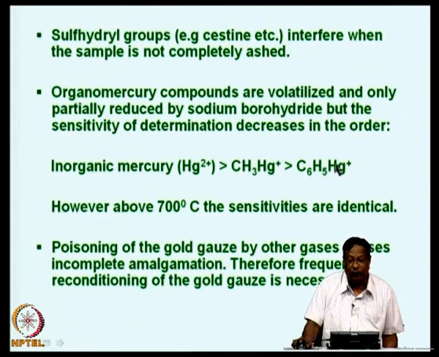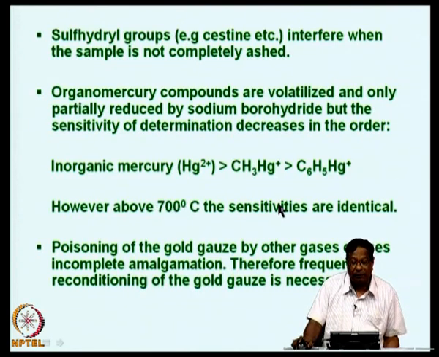That means it gives you a signal which is much less than inorganic mercury of the same concentration. However, above 700 degree centigrade, the sensitivities are identical, because around 700 degree centigrade all the organic components generally get converted into carbon dioxide and water, and only inorganic species would be present around this temperature.